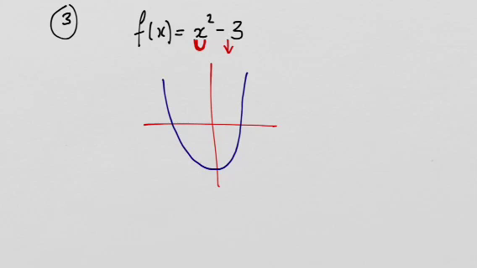So it's going to look something like that. Goes through there at negative 3. The range, remember, is the y coordinates. So when you look at this picture here, you need to tell me what y coordinates that picture exists for. So y is a member of the real numbers such that y, what? You fill in the rest.